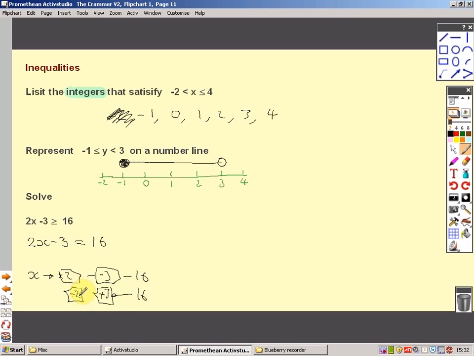Actually it's not the same, it's slightly different. 16 add 3 is 19, 19 divided by 2 is 9.5. So x would be equal to 9.5 if it was a question. So I could write here x equals 9.5.